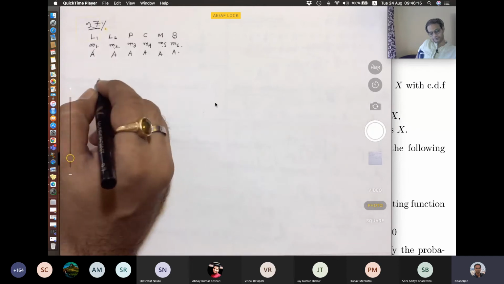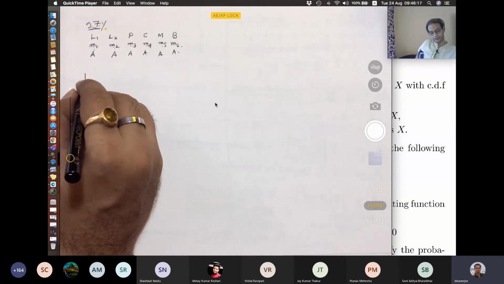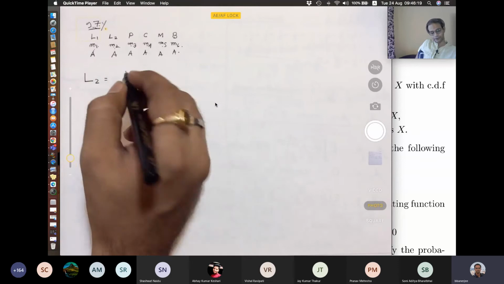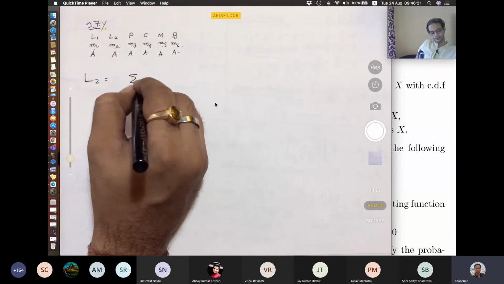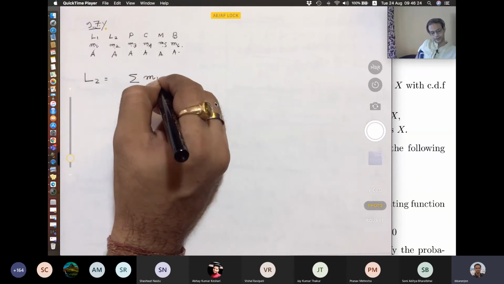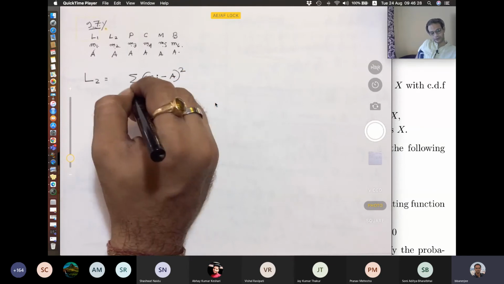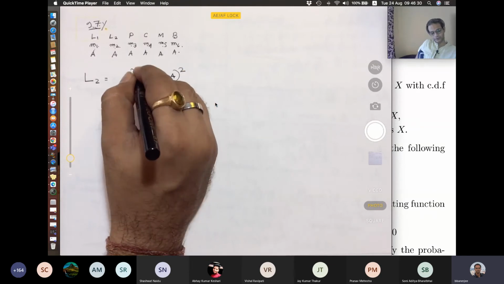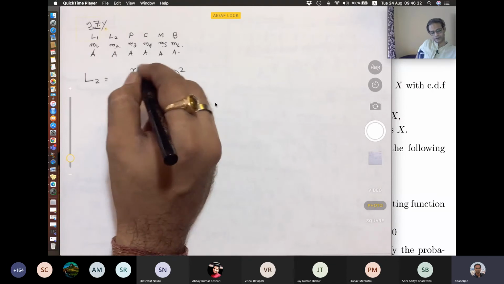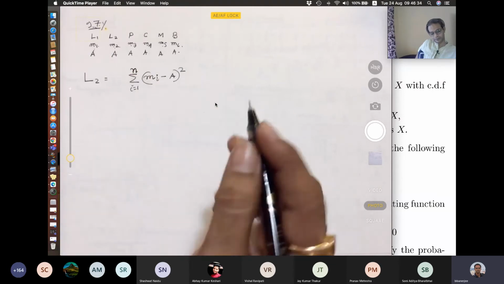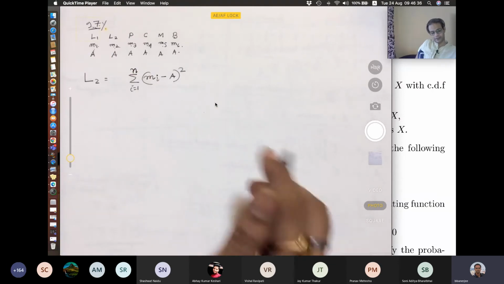And let us call that error L2, is the sum over (mi minus a) whole square, with i running, so in general, let us call i running from 1 to n. So this is the error.